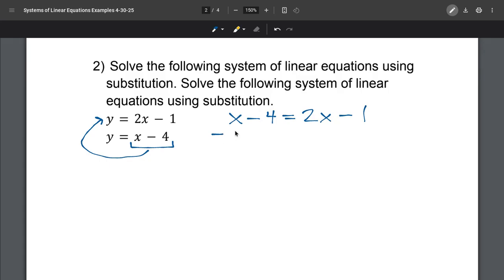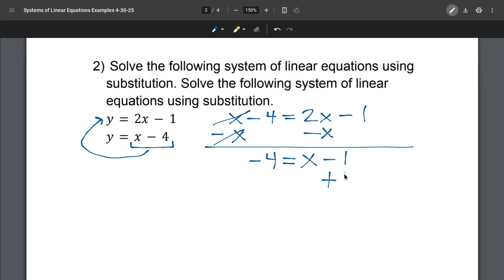I want to isolate my x's, so I'm going to subtract x from both sides here. These are going to cancel, and I'm going to get negative 4 equals 2x minus x is x minus 1. We're going to add 1 to both sides here. Negative 4 plus 1 is negative 3, and that's equal to x.